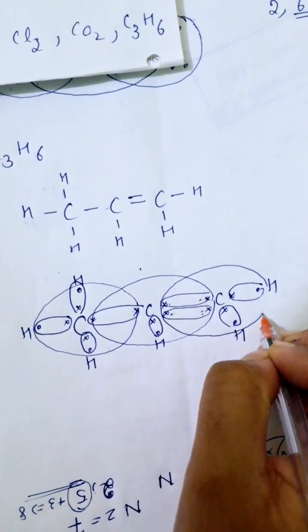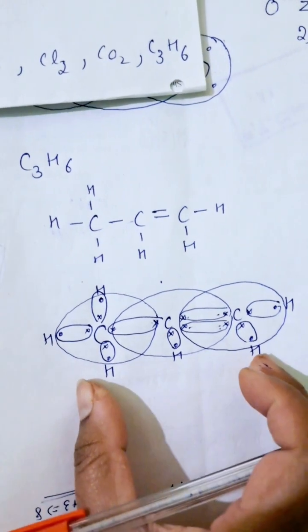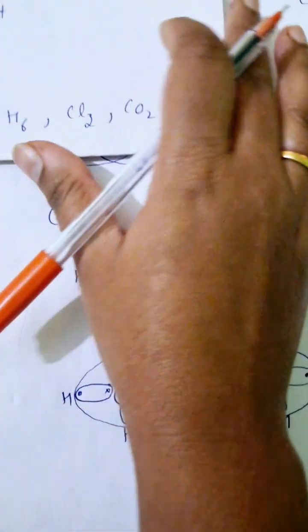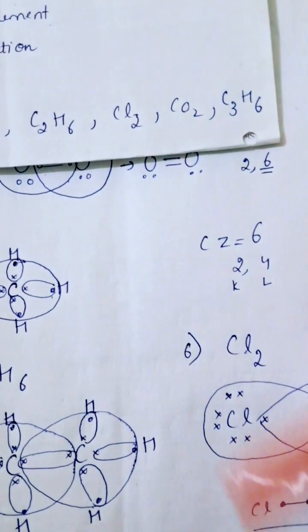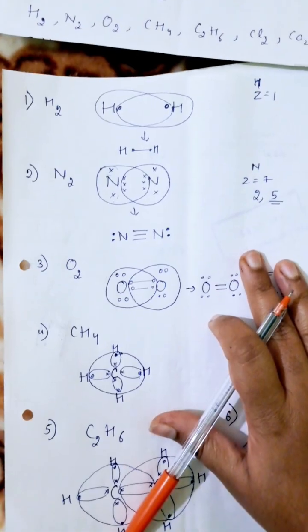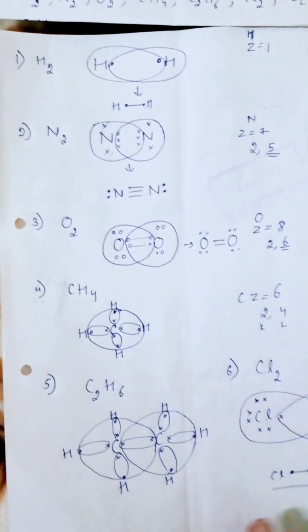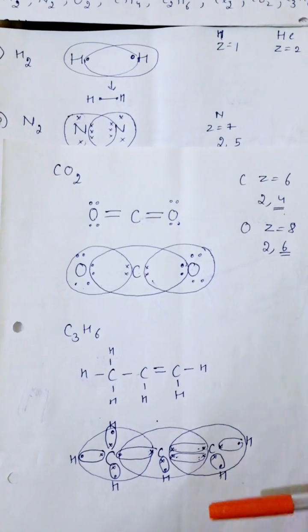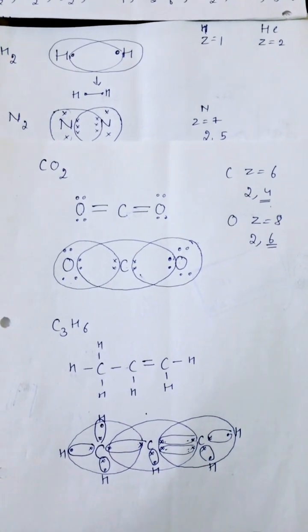This is how the sharing of electrons takes place. So the dot structure and the bond structure should look the same. So these are the examples that we have practiced in this video, the dot structures of covalent compounds. Okay, so right from hydrogen you can just look into it once. So you can look into this example also. Thank you so much.